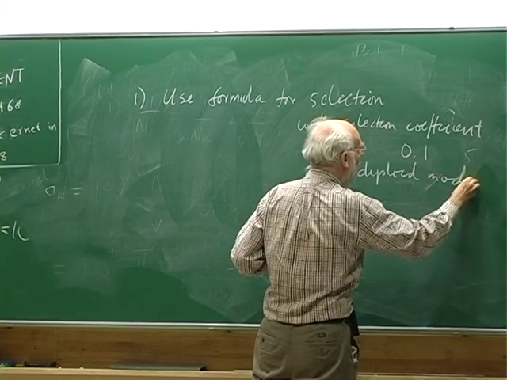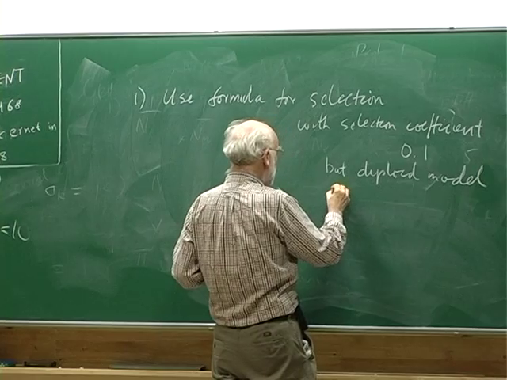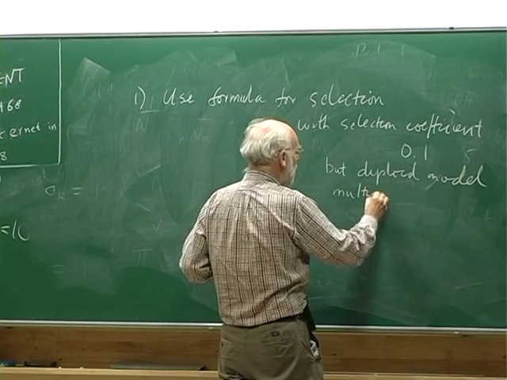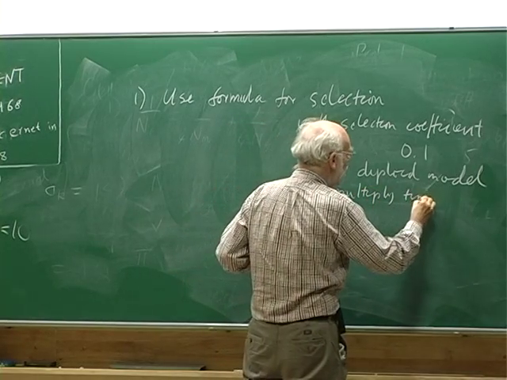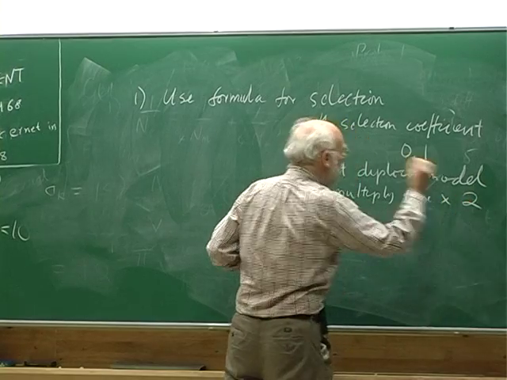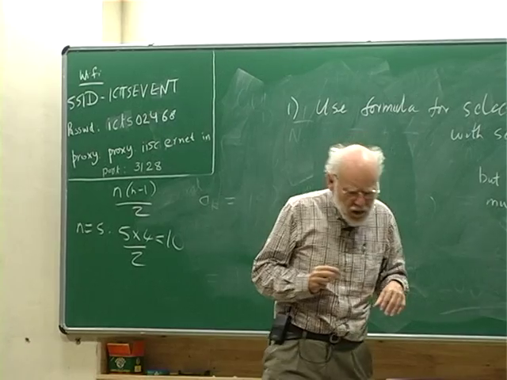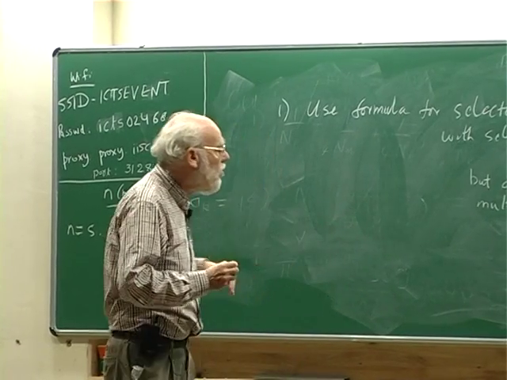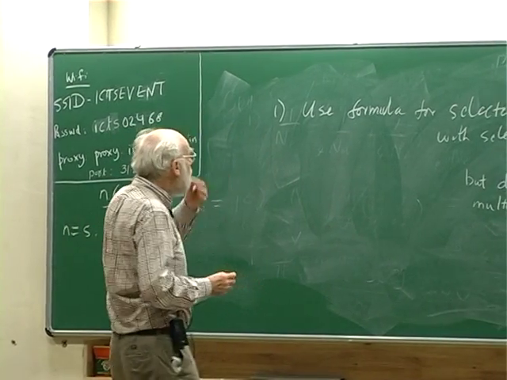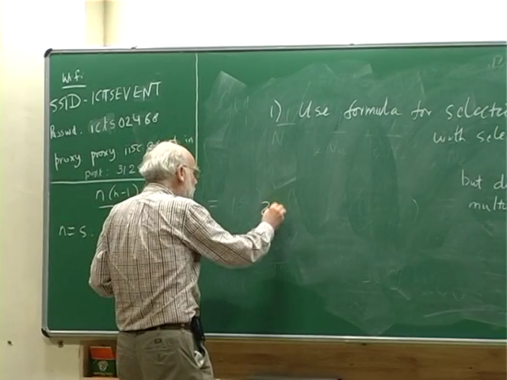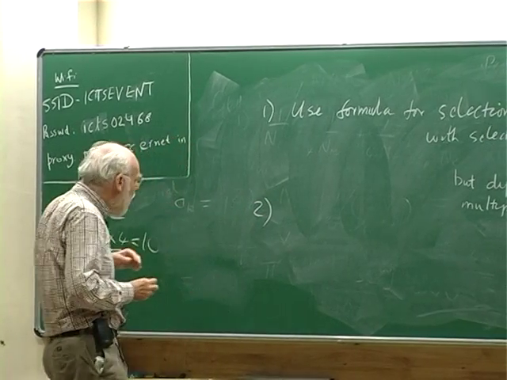So the formula I gave you, multiply the time by 2. Okay, so you can use the formula I gave you for the time it takes to change allele frequencies. But you should remember this is the diploid case, not the haploid case.